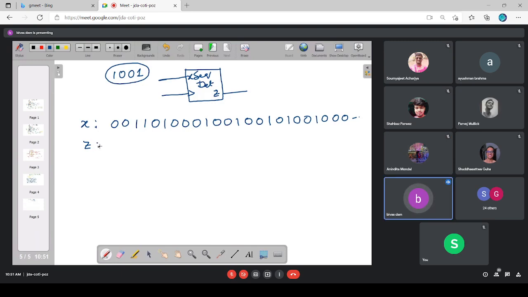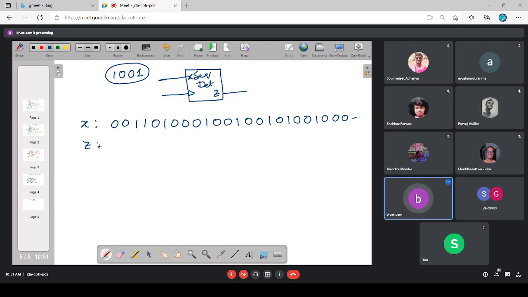Now, when the first 0 comes, what is the inference that the sequence detector draws? You place yourself as the sequence detector and assume that you are the person who is going to say whether the sequence is completely received or not.